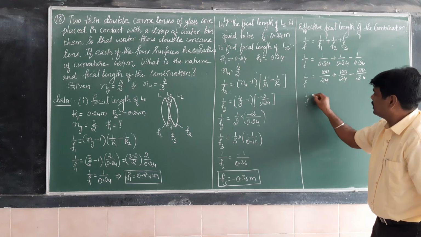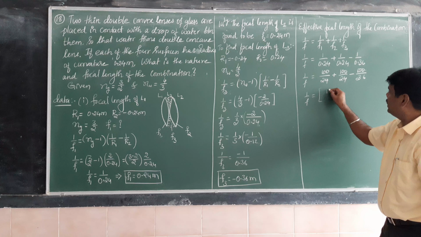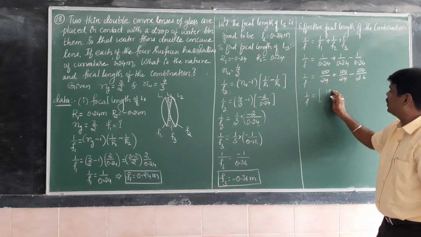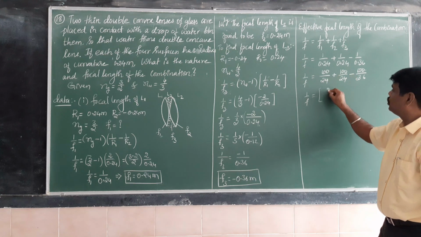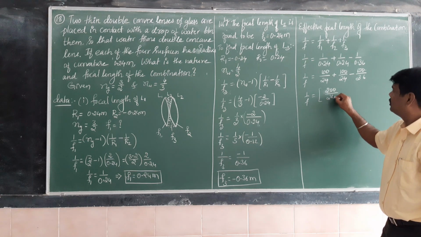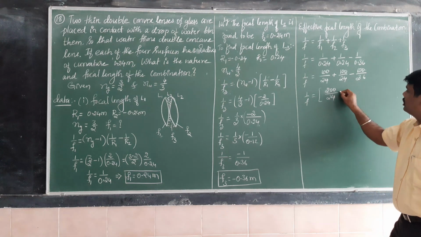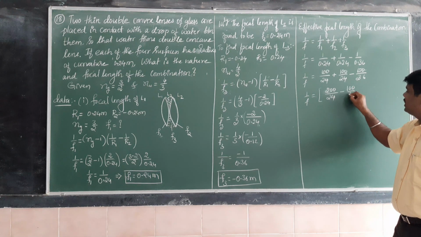It becomes 200 divided by 24, that is 2 times 100 by 24, minus 100 divided by 36.